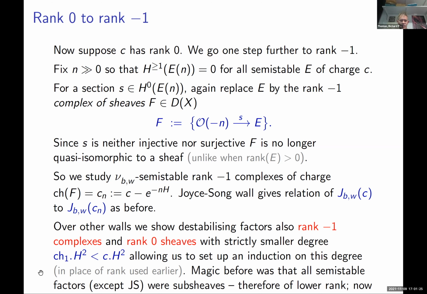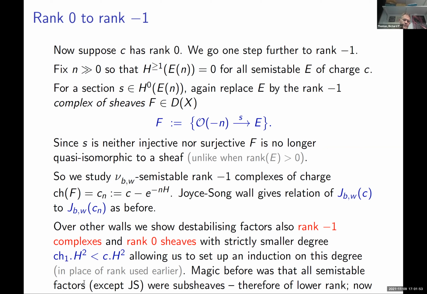So these rank 0 sheaves have a degree, roughly speaking, you take their support and take the degree of the support with respect to the hyperplane. This always drops. This is always less than the degree of the support of the thing you started with, like this E here. So again, you get an induction. Okay, and that allows us to prove that it's just the same as before using this new control.